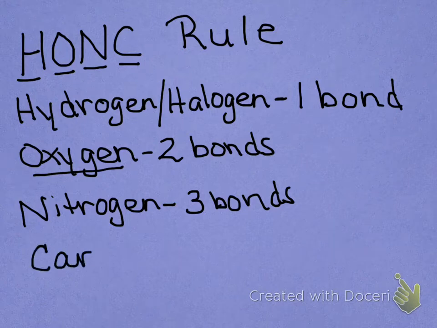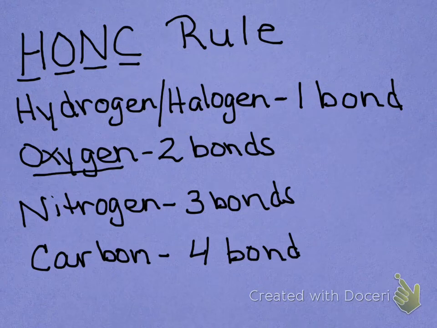And then finally carbon and anything else in group 14, okay, carbon, silicon, and then on down, can form 4 bonds. And this is what it wants to do to be stable. Okay, so hydrogen, halogens, 1 bond, oxygen 2, nitrogen 3, carbon and anything in that group 4.